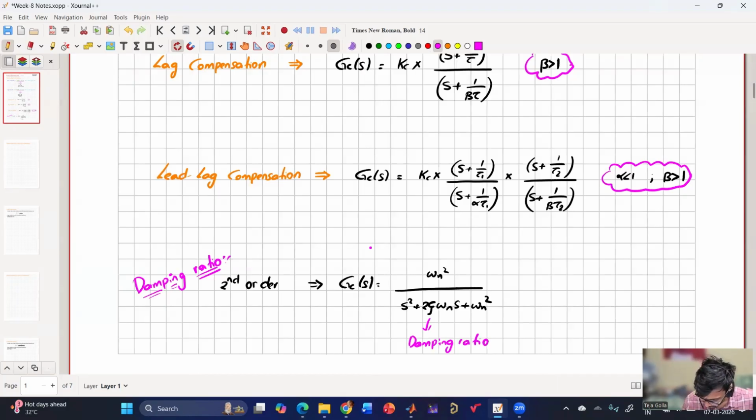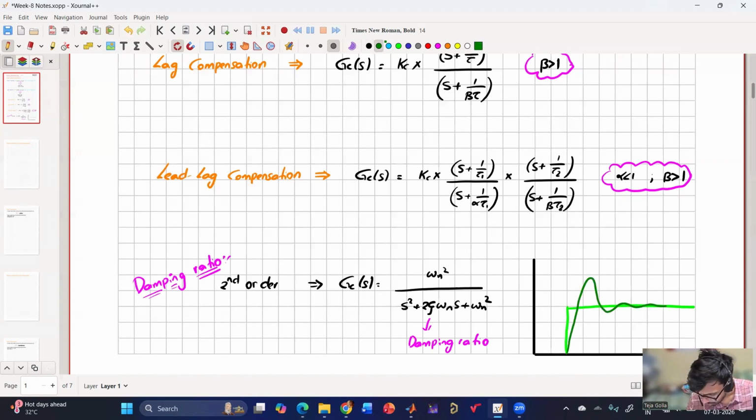So if we consider a step response, let me draw the line. Say this is my input. Depending upon how the waveform looks, there is a possibility that it will have some oscillations, or it will have minimal oscillation, or it will take a lot of time to reach.